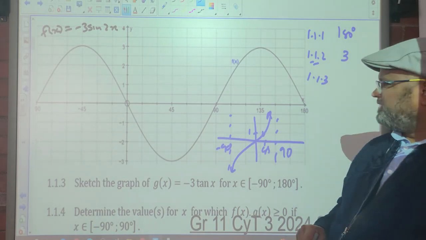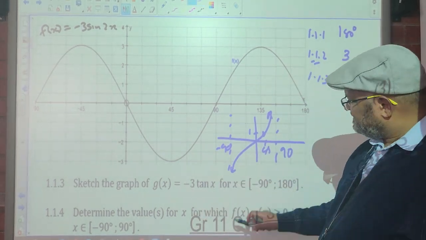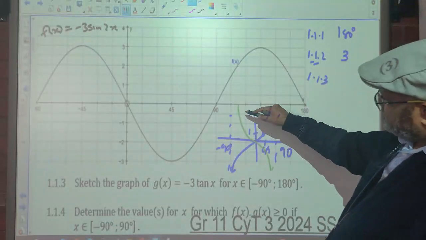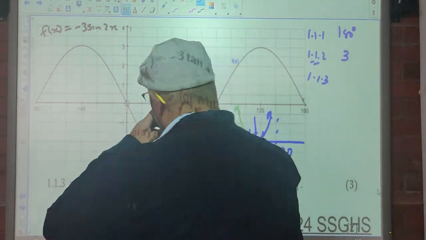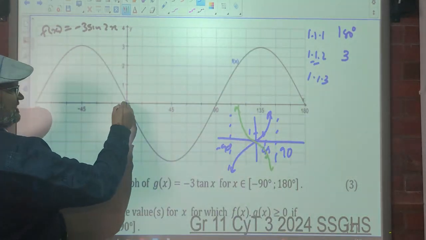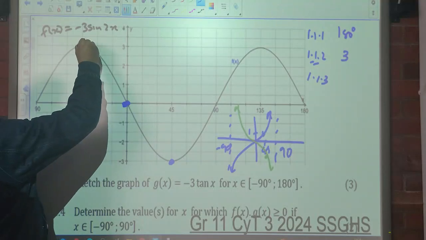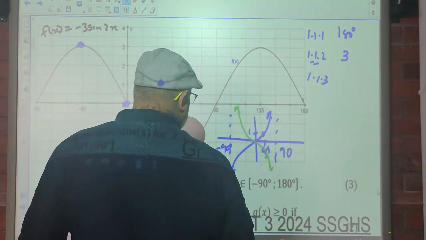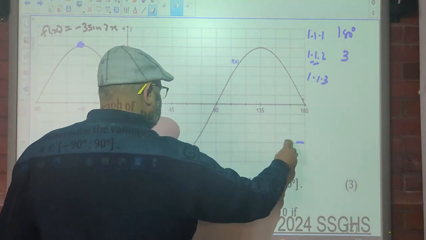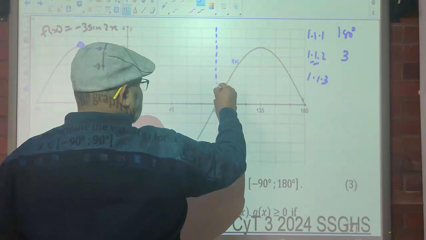But because of the negative here, the graph is going to be inverted. So instead of 45 and 1, it's going to be 45 and minus 3. So it's going to do that. We have asymptotes remaining at 90 and negative 90.